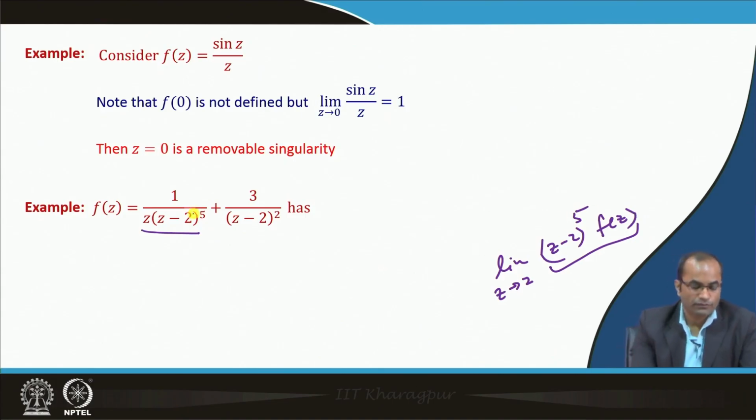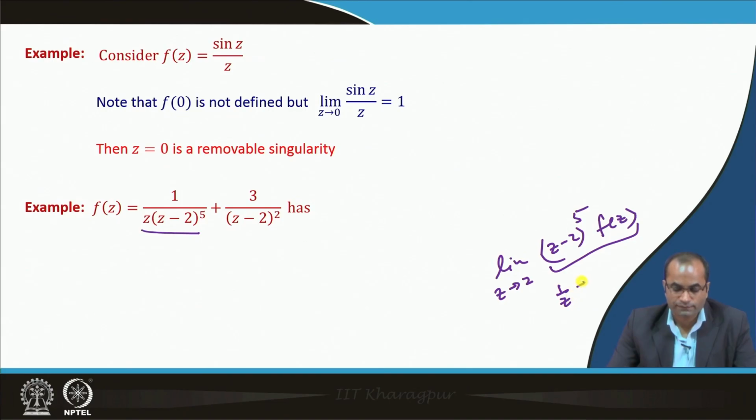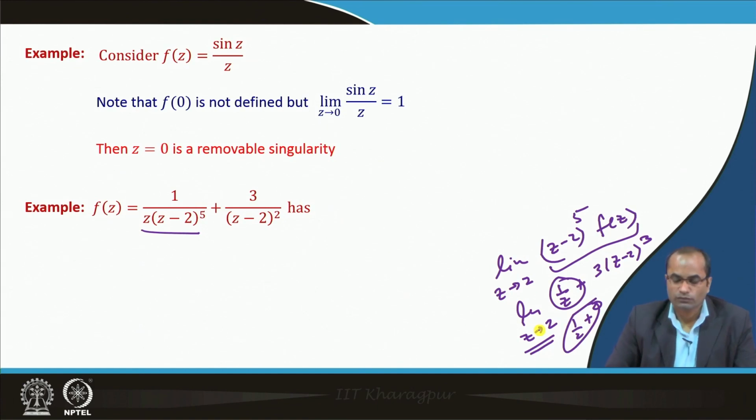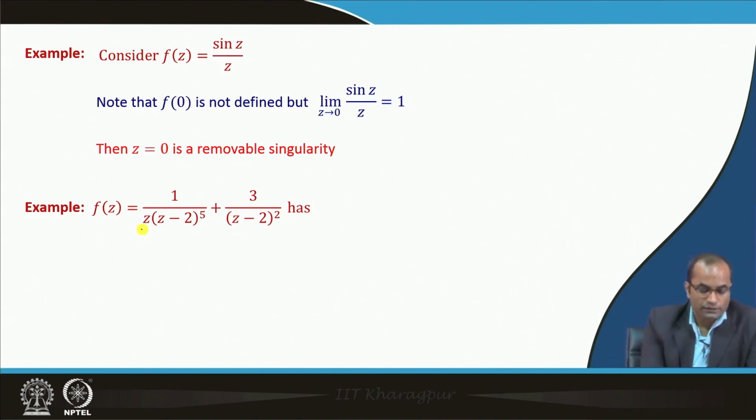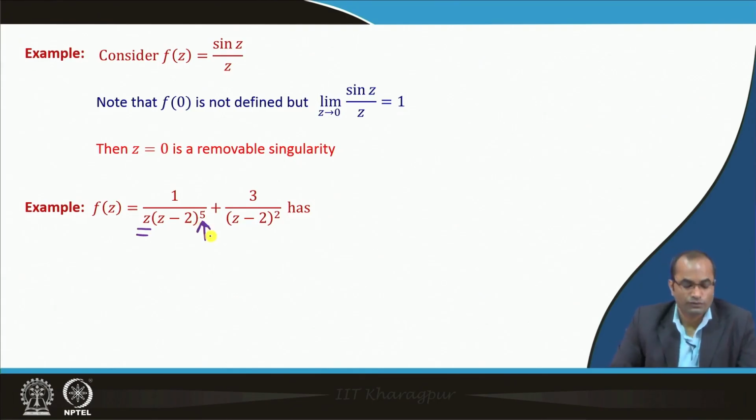So, if we take this power 5, we have just 1 over z there, and then here 3 times (z minus 2) cubed will be there, and if we take the limit z approaches 2 now, due to the first term it is 1 by 2 and the second term is 0. So, we have something finite which is not equal to 0 or infinity. So, here what we observe is that this function has at z equal to 0 a simple pole, a pole of order 1, and at z equal to 2 it has a pole of order 5.